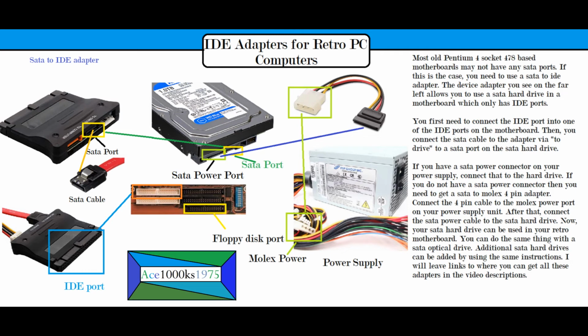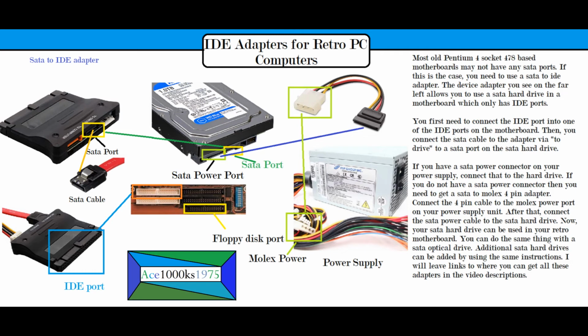So you need to connect one of the IDE ports on the motherboard to the adapter. Then you connect the SATA cable via the 2 drive port to the SATA port on the SATA hard drive. If you have a SATA power connector on your power supply, connect that to the hard drive.